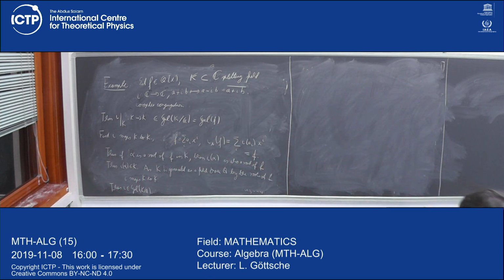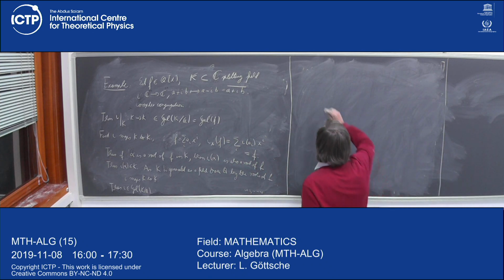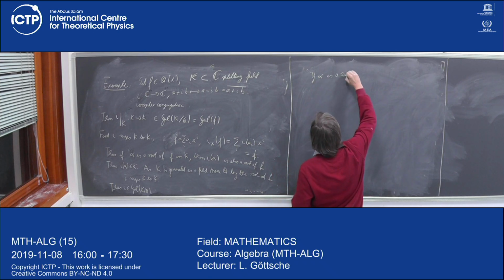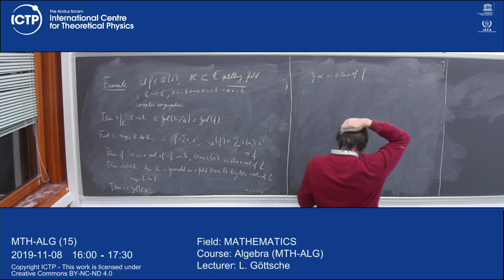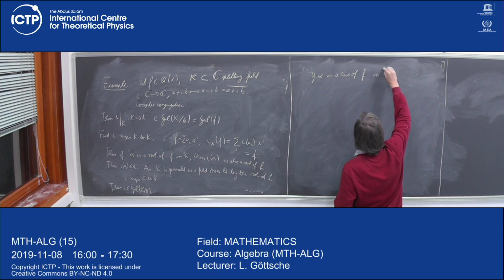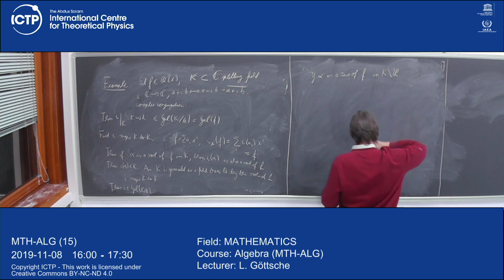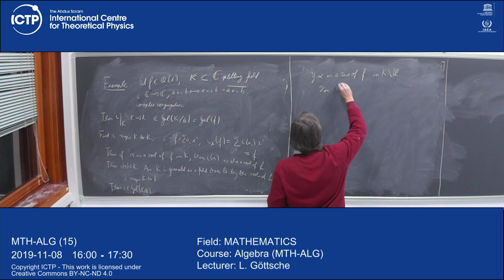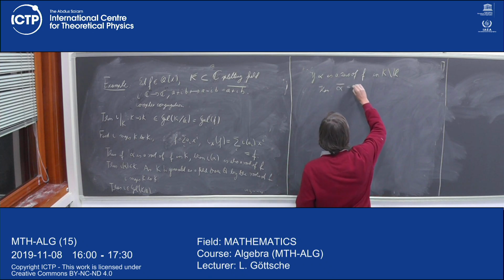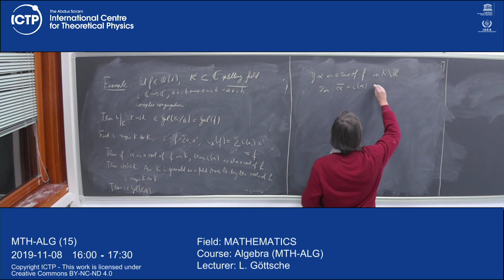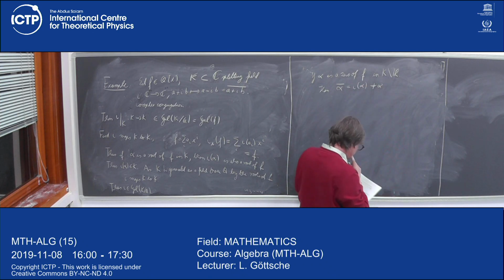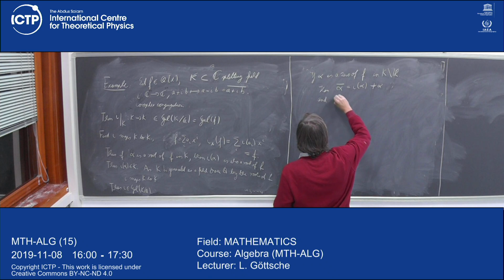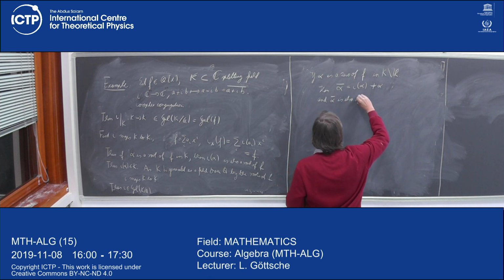So if alpha is a zero of our given f in K which does not lie in the real numbers, then alpha bar, which is the complex conjugate and is different from alpha, is also a root of f.